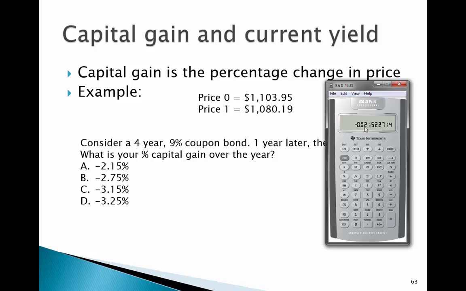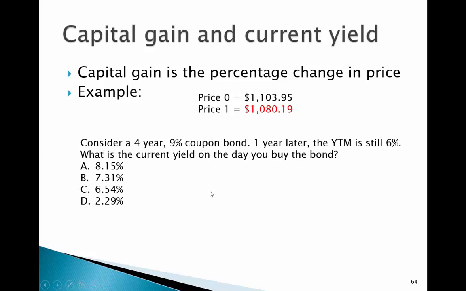That's my answer, negative 2.15%. So A is the answer. That would be my percent capital gain over the year. It's just how much the price changed in percentage terms: the new price divided by the old price, minus 1.